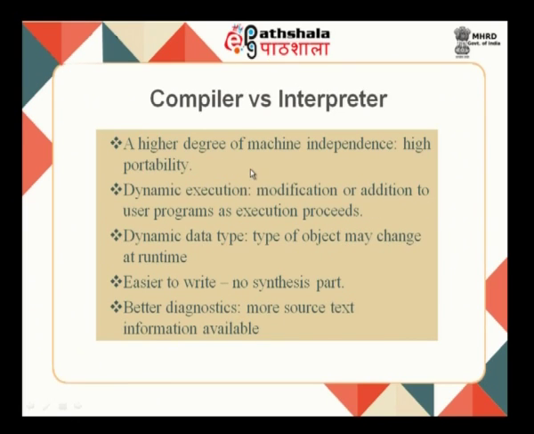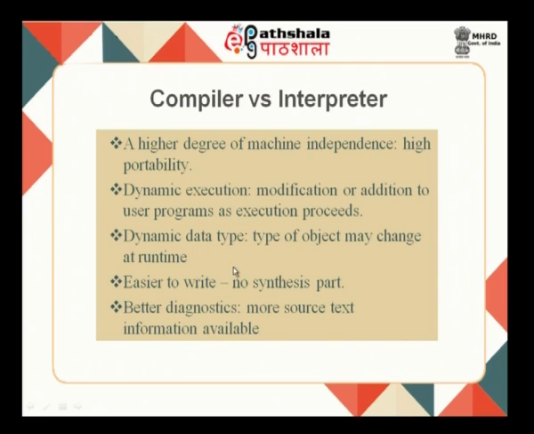So, how do I compare compiler and interpreter? One is a higher degree of machine independence and high portability, that is your compiler. The other one is dynamic execution, modification or addition to user programs as execution proceeds, and dynamic data type is supported. The type of the object may change at runtime, and it is easier to write.